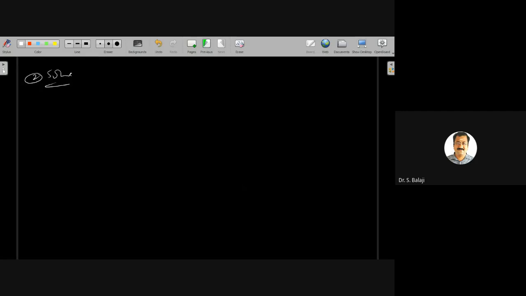Solve d square minus 4 d dash minus 5d dash square of z equal to 2x cos y.